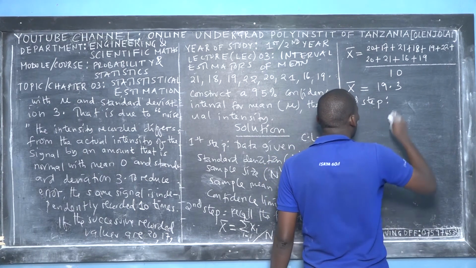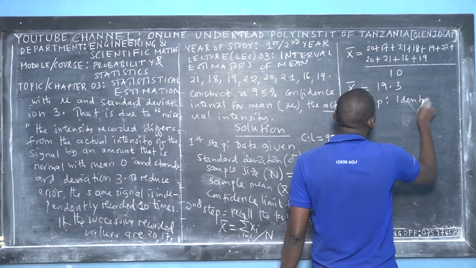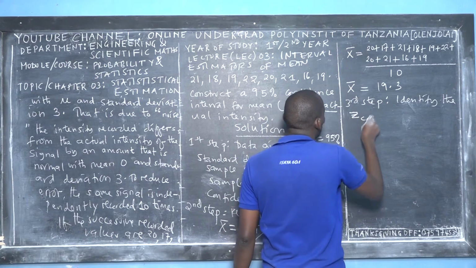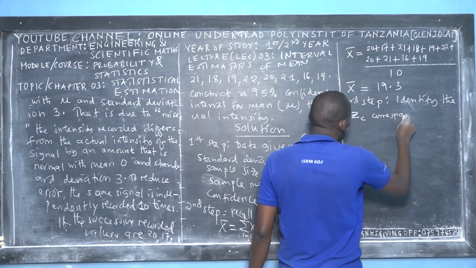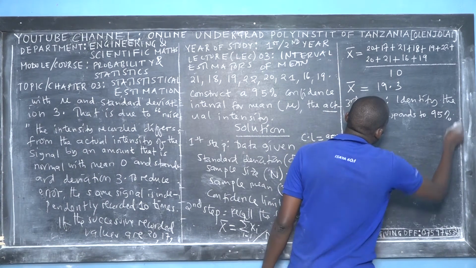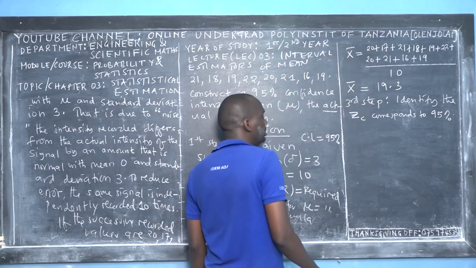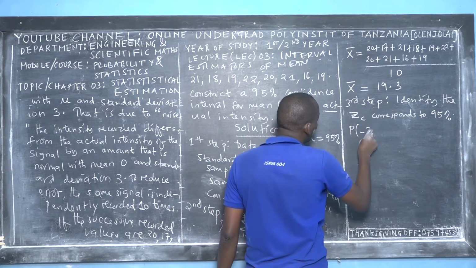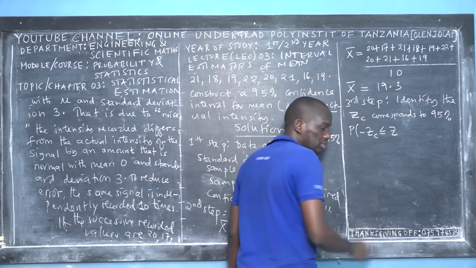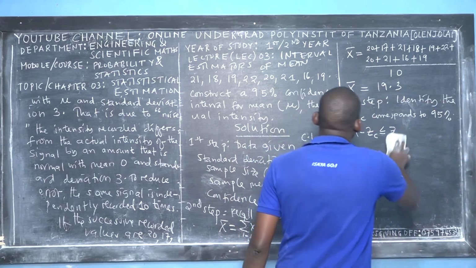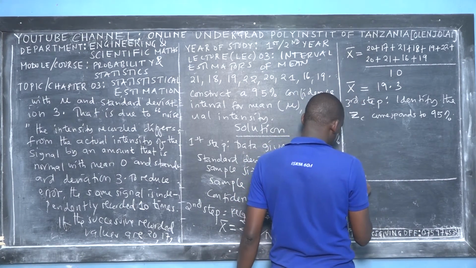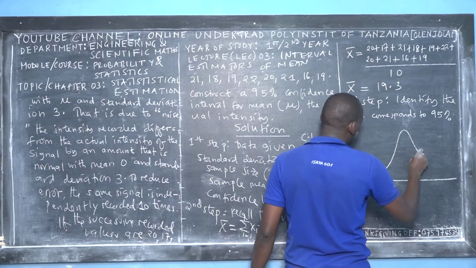So we say identify the standardized value that corresponds to 95%. How? We say the probability of a certain standardized value Zc, from the normal distribution curve, this bell-shaped curve.